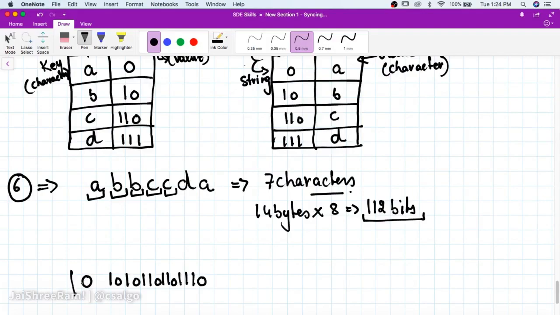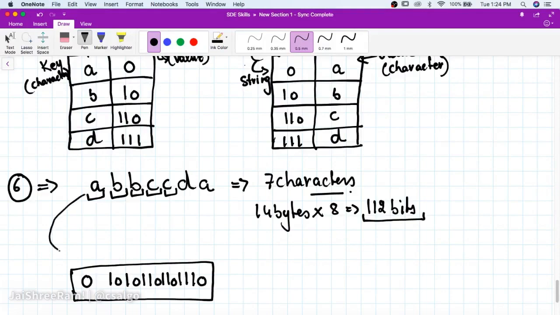So this is how this string will be stored inside the hard disk in the encoded format in my memory.